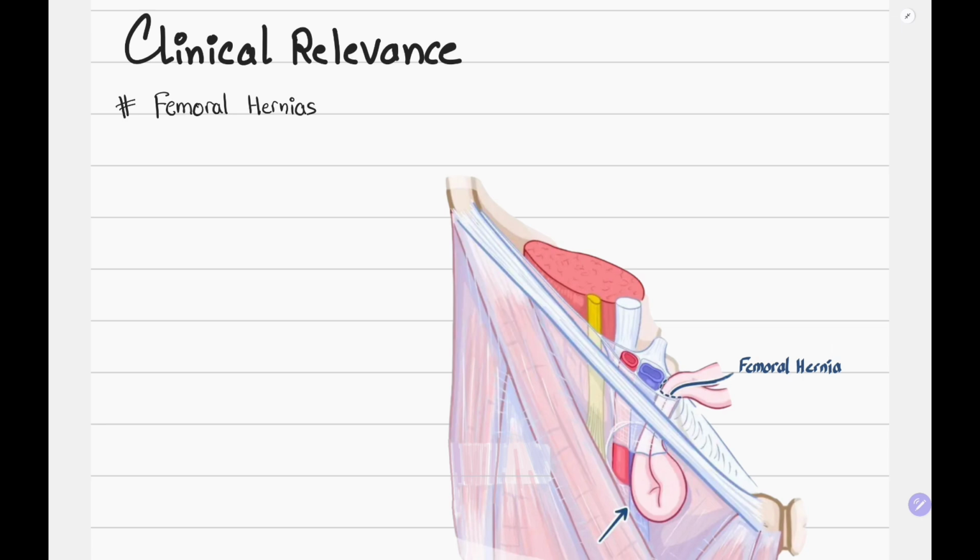These femoral hernias are more common in females. They lie below the level of the inguinal ligament. Inguinal hernias are also very common, but we will distinguish femoral hernia and inguinal hernia in a separate video.